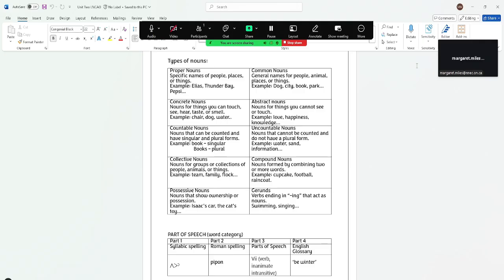Concrete nouns. Nouns for things you can touch, see, hear, taste, or smell. For example, chair, dog, water. Abstract nouns, for things you cannot see or touch. Love, happiness, and knowledge.